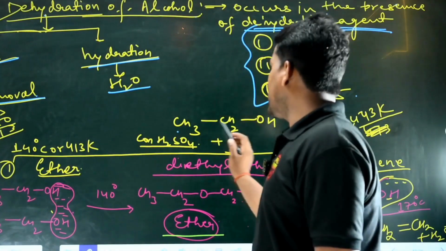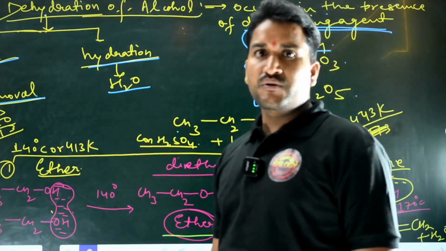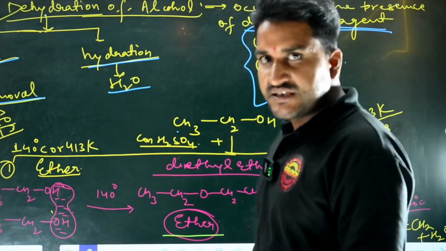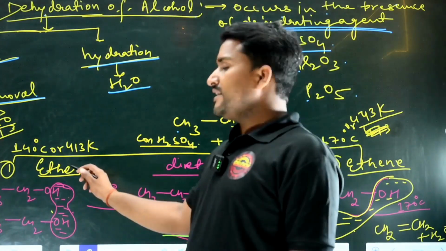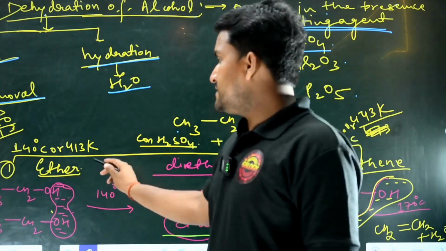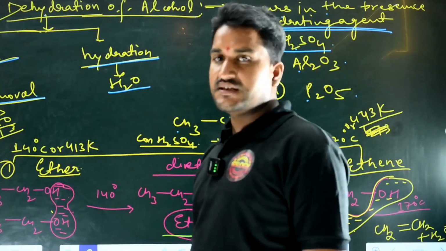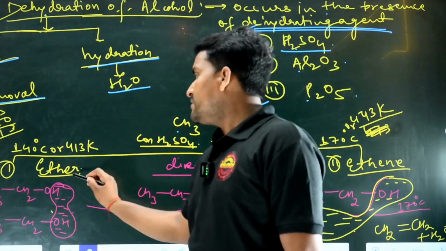Alcohol gives up the water molecule at different temperatures and forms different products. When ethyl alcohol is heated at 140 degrees Celsius, it will form ether as the main product.